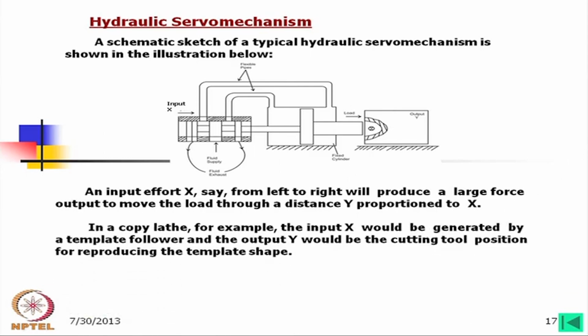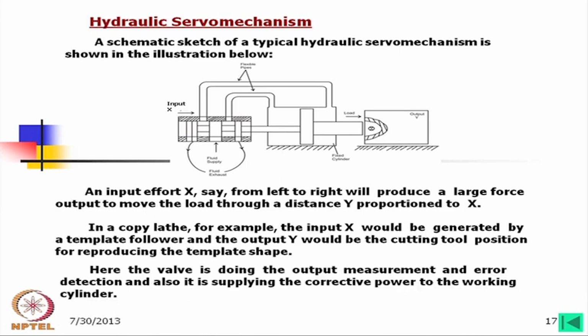In a copy lathe, for example, the input x would be generated by a template follower and the output y would be the cutting tool position for reproducing the template shape. Here the valve is doing the output measurement and error detection, and it is also supplying the corrective power to the working cylinder.